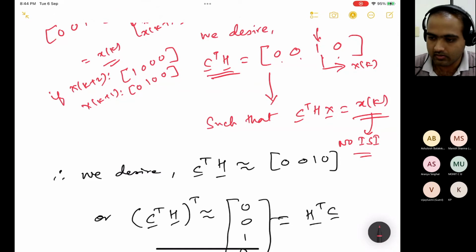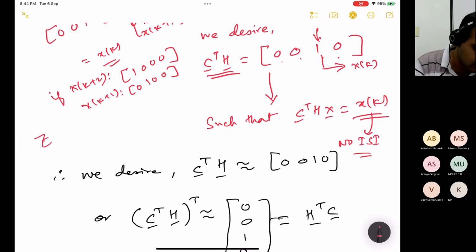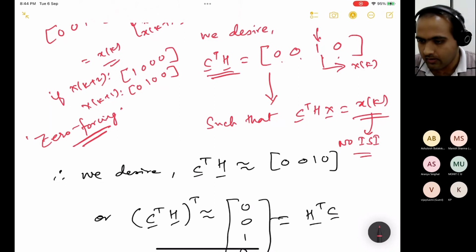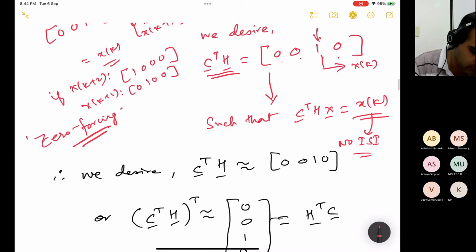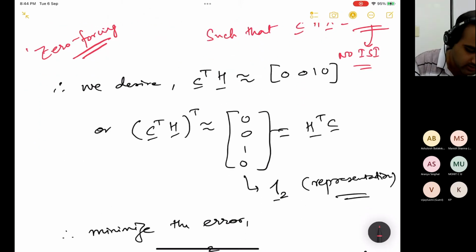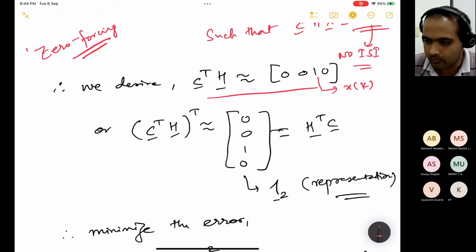We are forcing the post processing weights to be 0, so this strategy is also called the zero forcing strategy. We desire that C transpose H should be 0, 0, 1, 0 so that we can easily obtain xk.